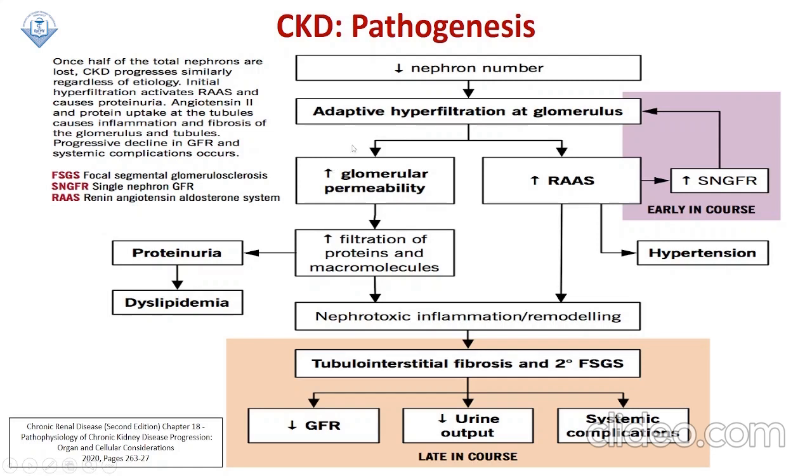In this scheme, we can see the same first steps. Adaptive hyperfiltration is present, which stimulates the renin-angiotensin system, which increases glomerular permeability. And what has happened next?